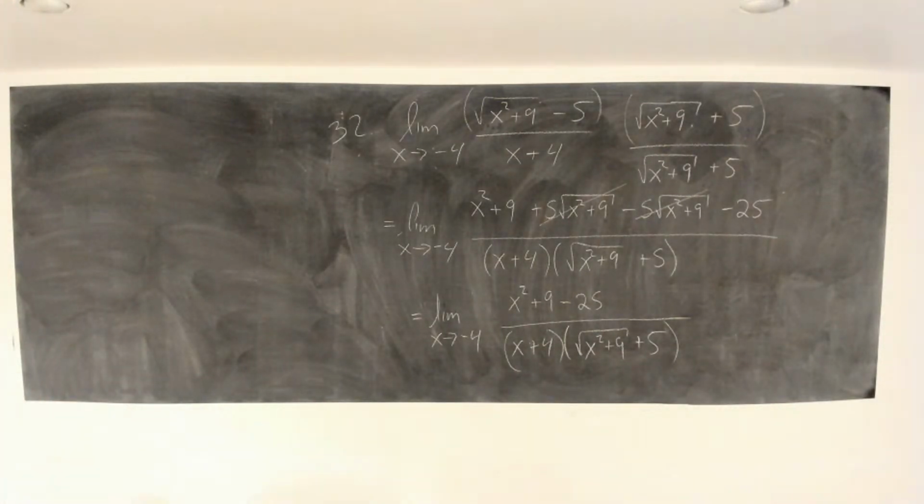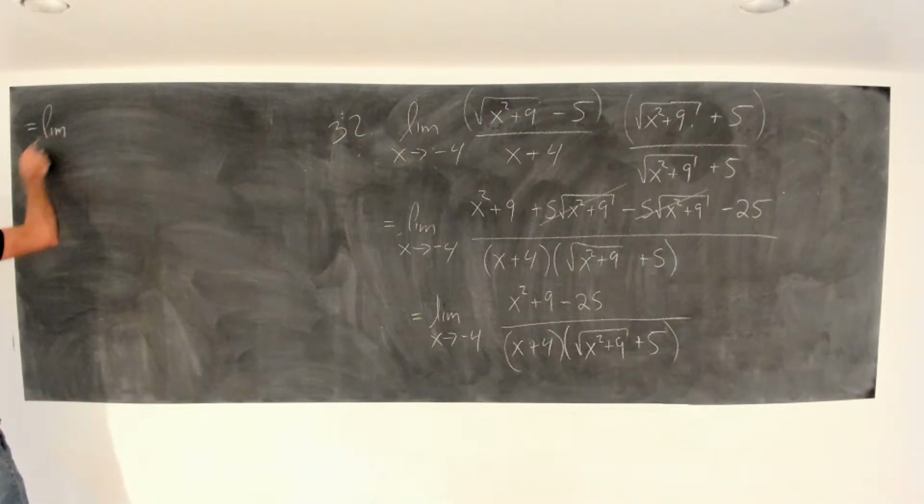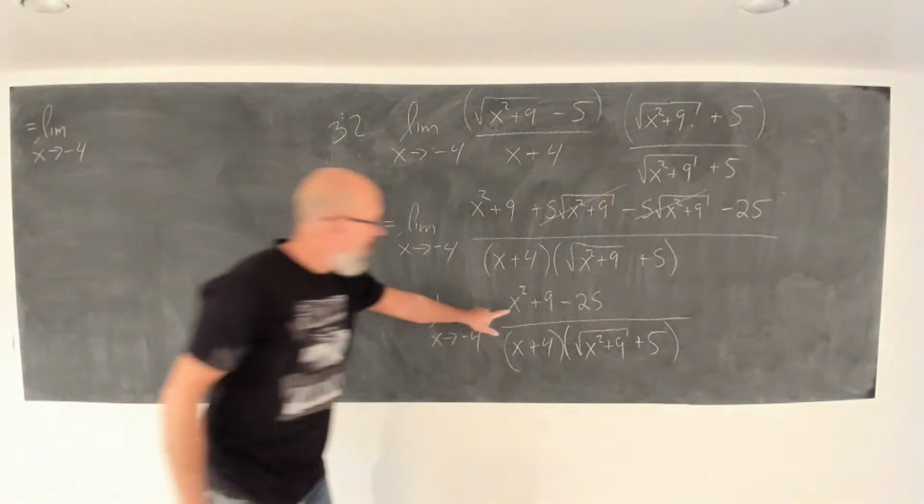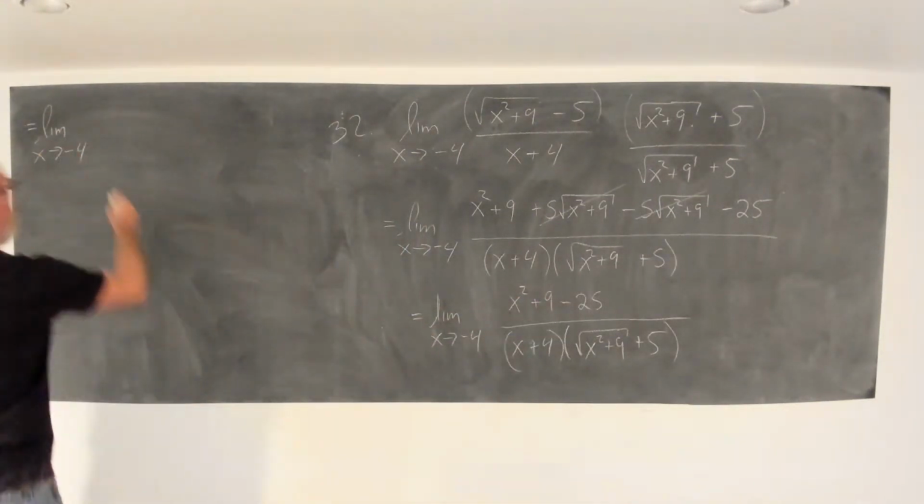All right, let's finish that up there. As x goes to negative 4, this is x squared minus 16.